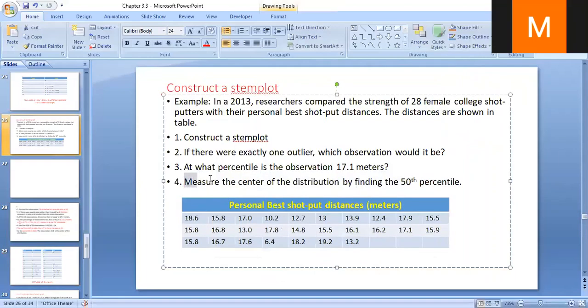The question is to measure the center. The center means the 50th percentile, so the center of the distribution is found by finding the 50th percentile.